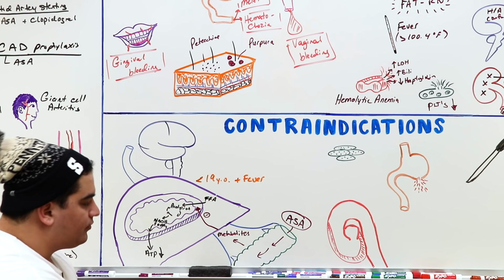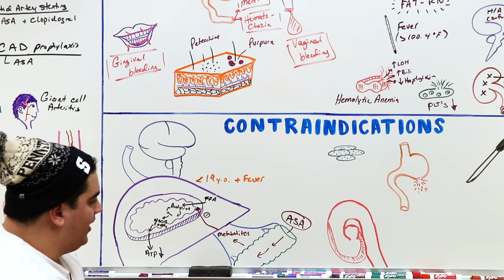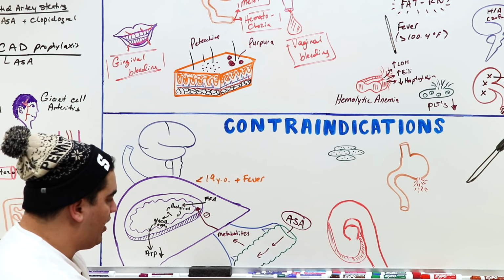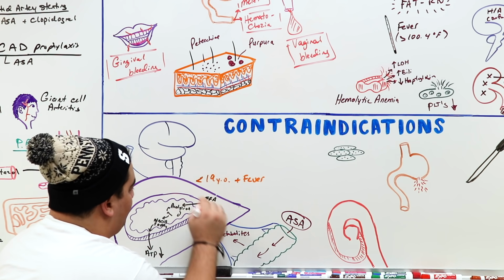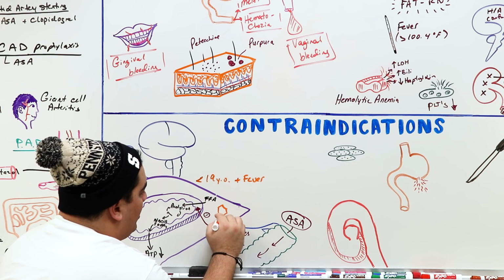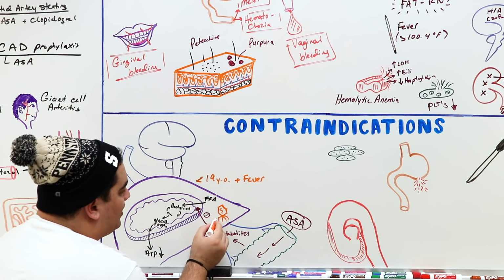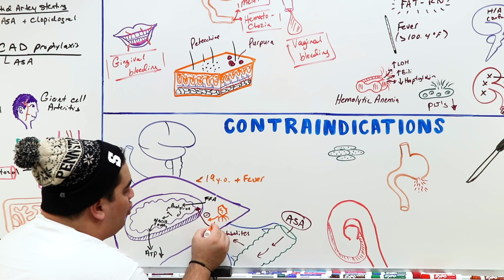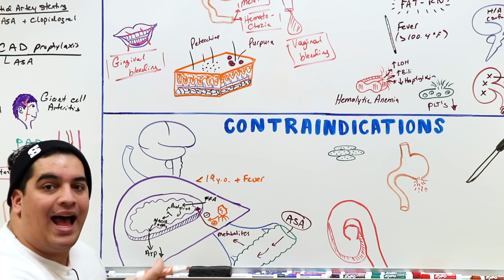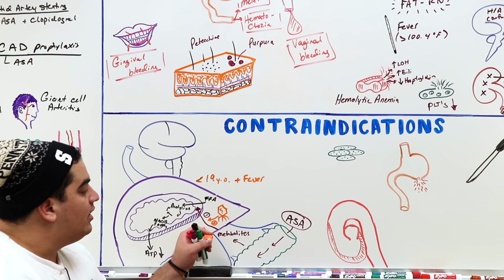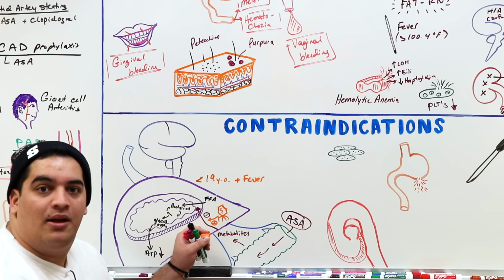Well, guess what? If someone is infected, let's say that they have a virus, okay? Whenever someone is infected, these viruses have the ability to increase the actual metabolism of these salicylic acid metabolites.